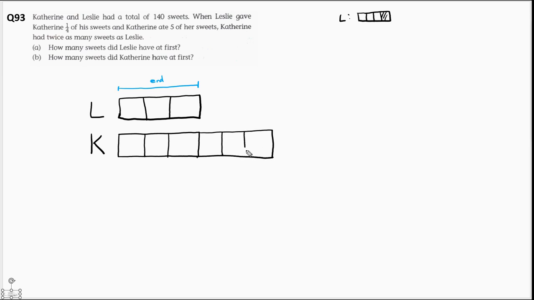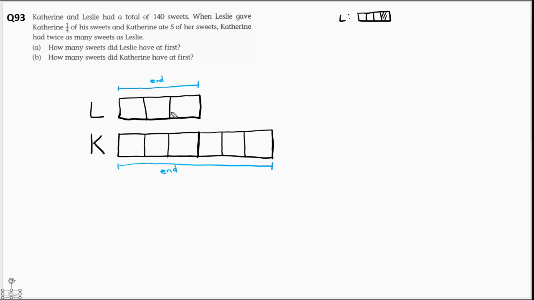Okay, there we go. So this is what Catherine has. All right, twice as much as Leslie in the end. Right, now what?